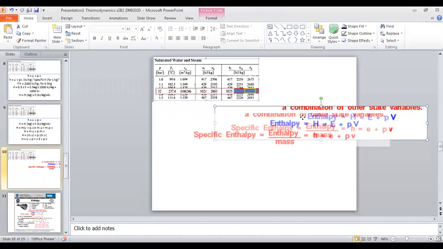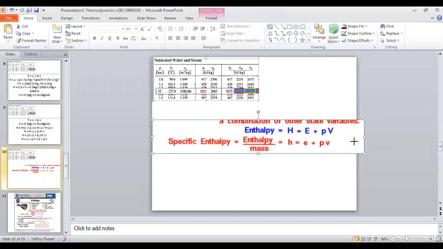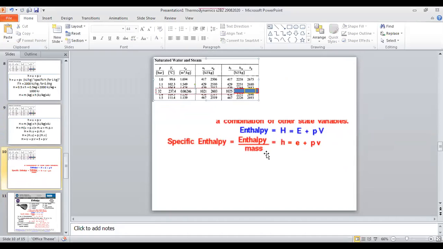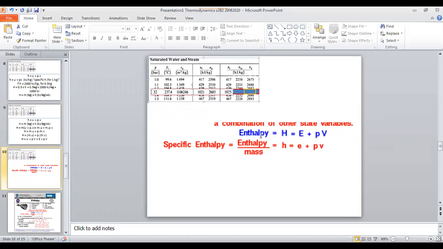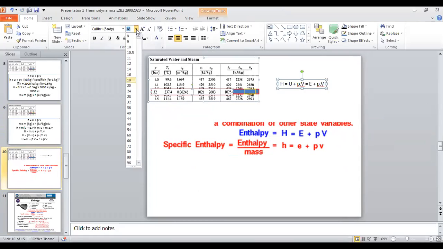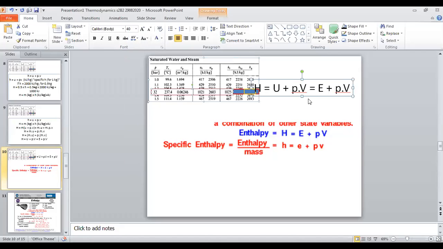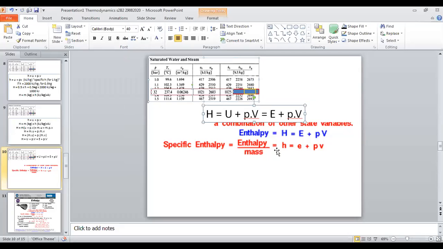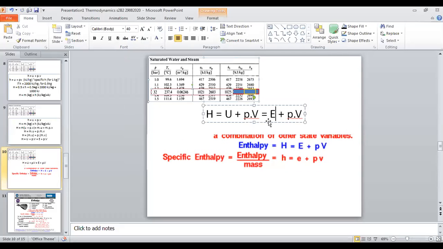That's why you notice this, because for a given mass, H is U plus PV, or E plus PV from the previous.